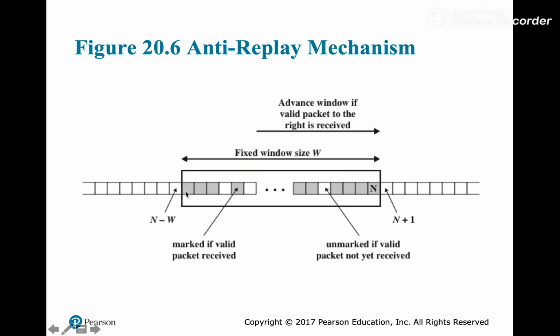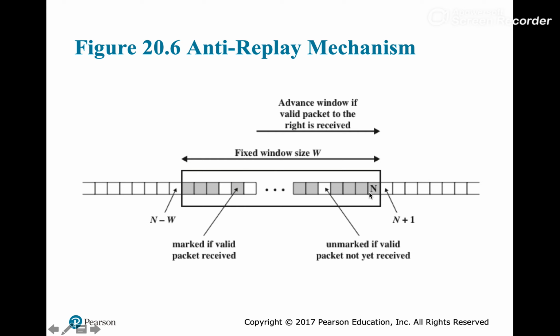All the packets over there, n minus the width of the window, which we already fixed to 64 normally, W. Any packet in this window is considered valid and is accepted.